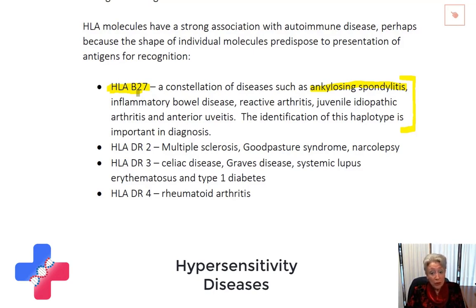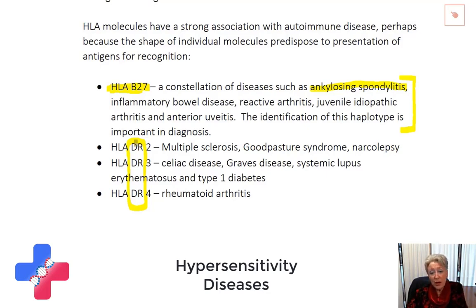But in the great majority of autoimmune diseases, we do not bother to actually haplotype the patient at all because it makes no difference to our diagnosis or our therapy. If you'll notice, the other ones, other than B27, are mostly associated with DR. And I'm not going to belabor this because our current data comes in as percentages of increased risk.